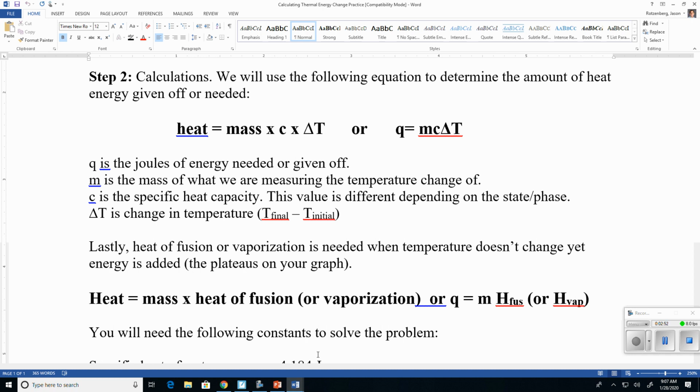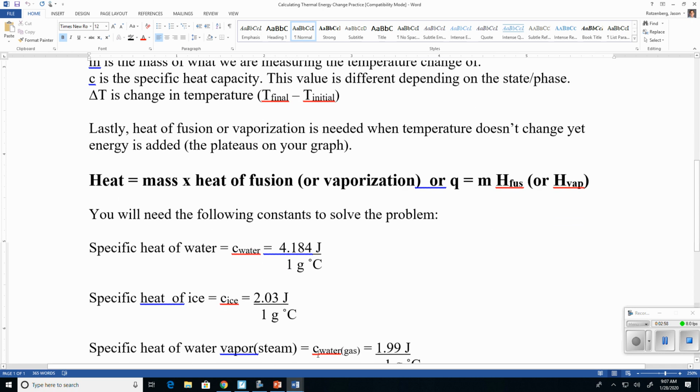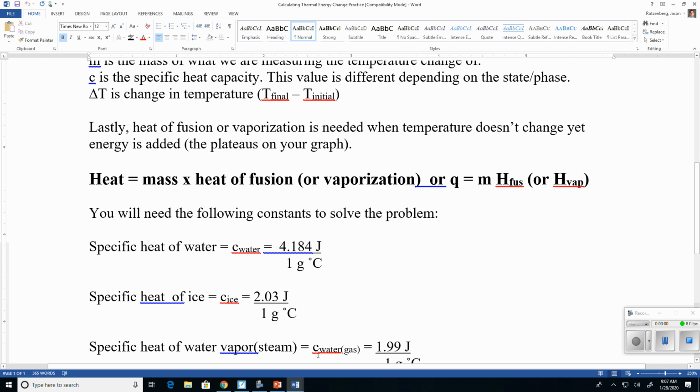So that is one equation that today we're going to become comfortable with. The second equation I have in bold a little bit further down is that Q equals mass times heat of fusion or heat of vaporization. My hope is that we introduced these terms to you last semester so that now I can give numerical values to those.